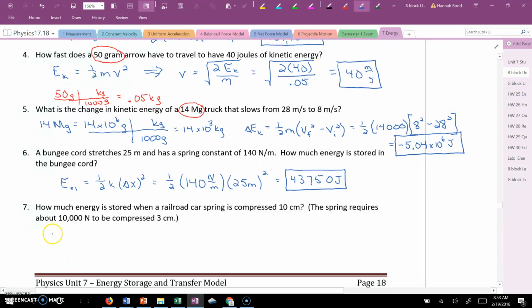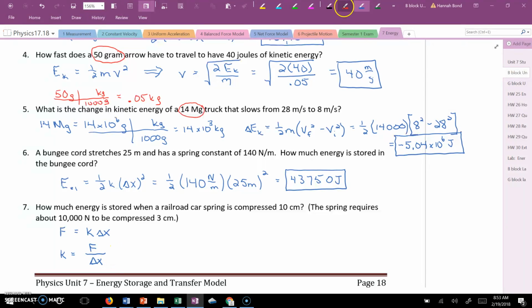Well, from Hooke's law, we know that the force applied to a spring to make it stretch has to equal the spring constant times the displacement of the spring. And so if I want to solve for K, that would be the force that had to be applied divided by the displacement of the spring.